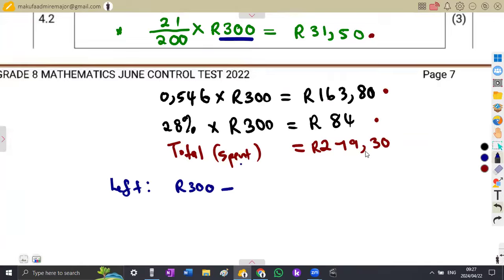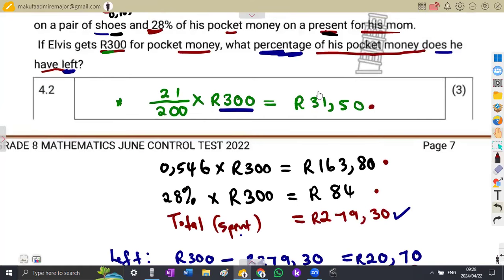He spent 279,30. So what is left, you subtract to know what he is now left with. So you are going to get 20,7, which is simply 20,70. This is the money he is left with, not the percent. The question is, what percentage of his pocket money?